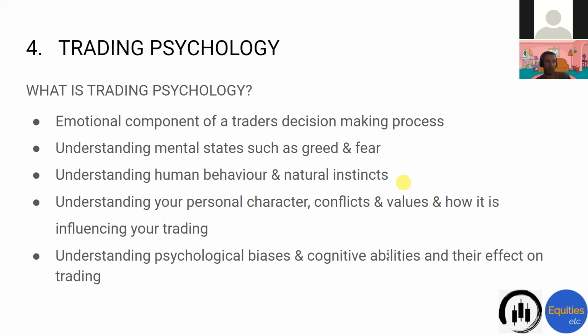What are your cognitive abilities, which most people completely overestimate, right? That's why a lot of teachers preach that it's best to have a simple trading plan. The simpler, the better. It doesn't need to be very complex, a few indicators, that's all you need. And how is all this affecting your trading?